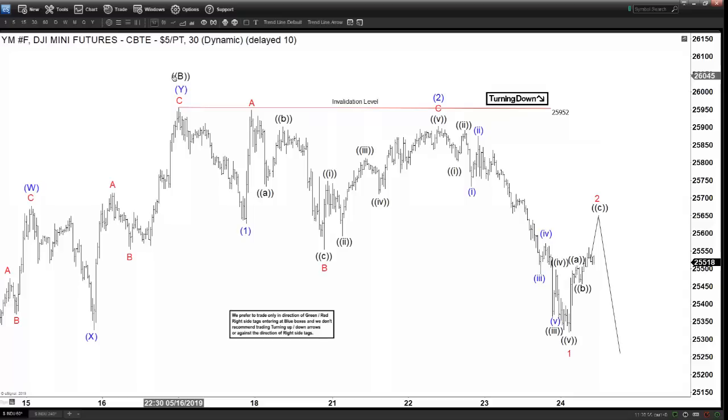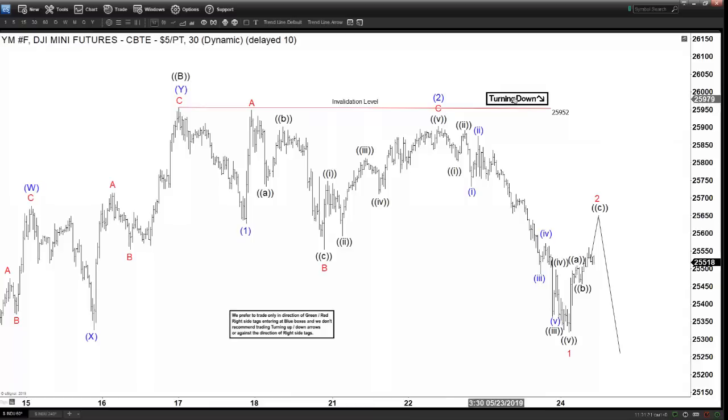So we got this C leg here, 1, 2, now it's developing into 3 waves, 1, 2, and now we are in the wave 3 in the blue degree, and it subdivides into another impulse. So we are still only with 1 of 3, and now doing a wave 2 of 3, with 4 more downside to finish this structure here in 5 waves from the peak.